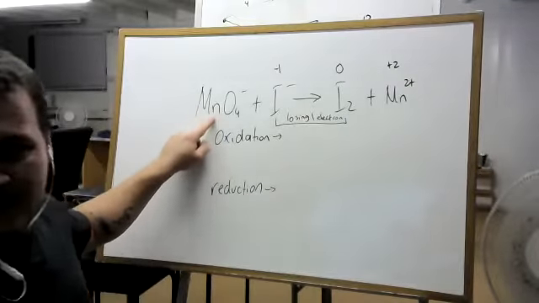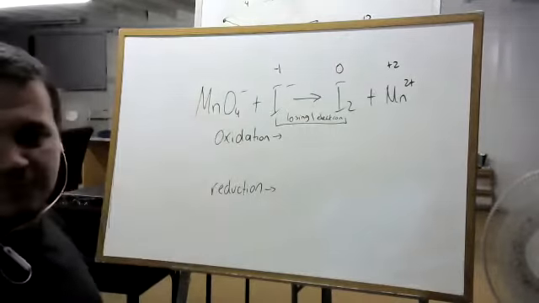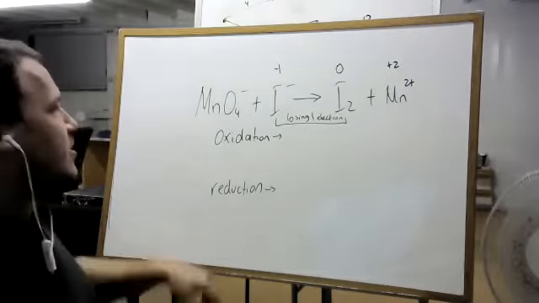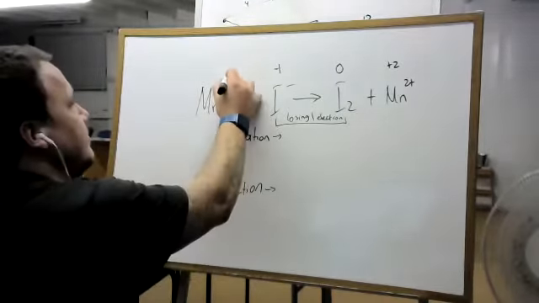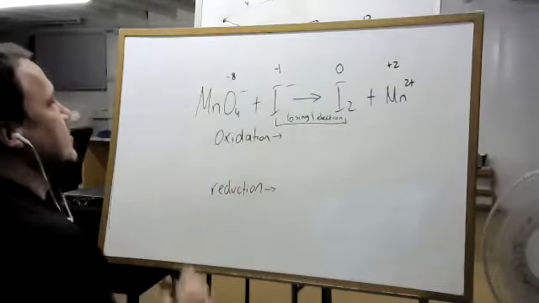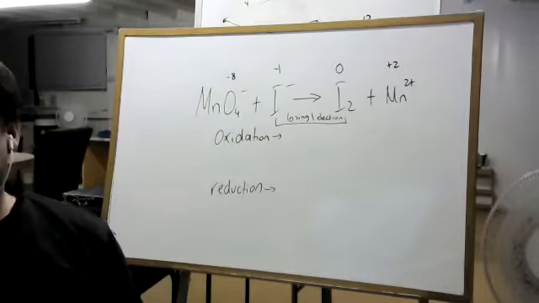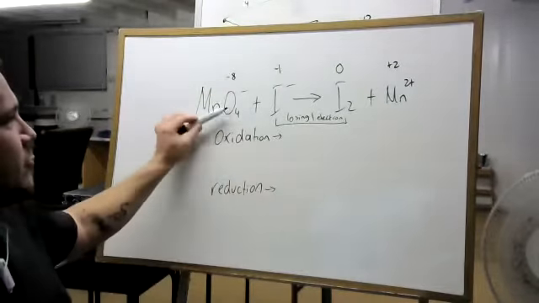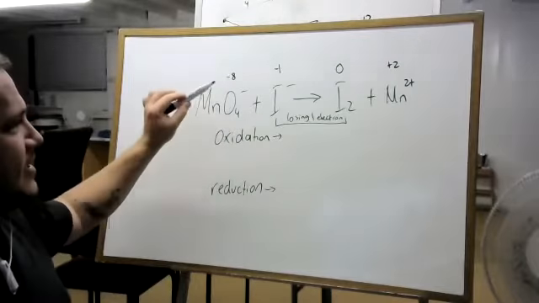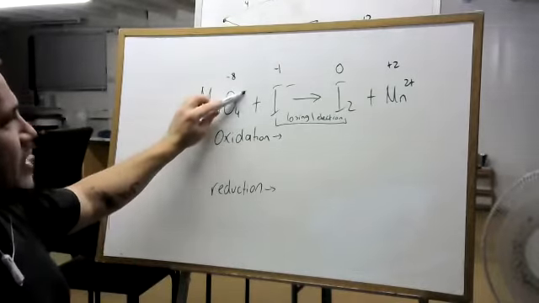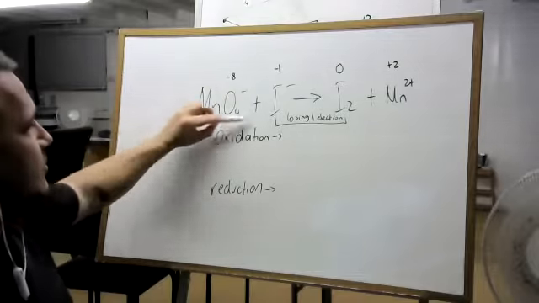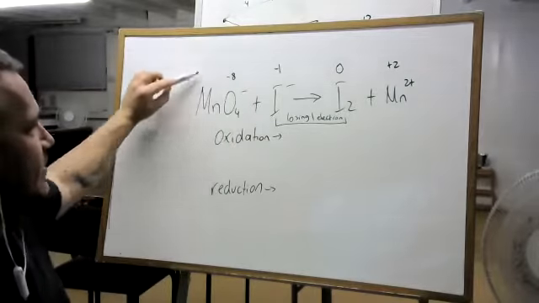Manganese over here, we have to calculate in a slightly different way. Oxygen is -2, and there's 4 of them. So oxygen's overall charge on all of them is -8, because each one is -2. There's a 1- charge on permanganate here.